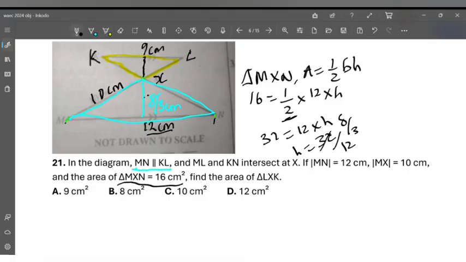I'm looking for the height of this particular triangle, so I can use it to solve for the area. So I would definitely need to add it in my comparison.